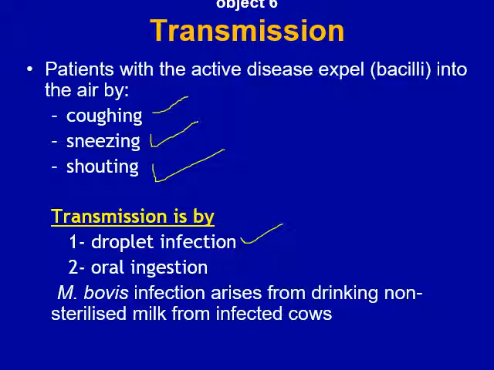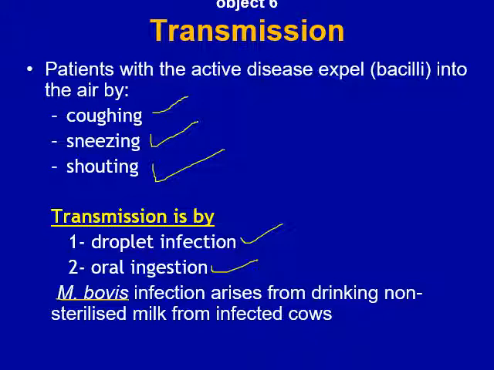Also, oral ingestion may lead to tuberculosis. This occurs mainly by drinking non-pasteurized milk from affected cows. Usually it is not Mycobacterium tuberculosis, it is Mycobacterium bovis, which is present in cows or cattle.